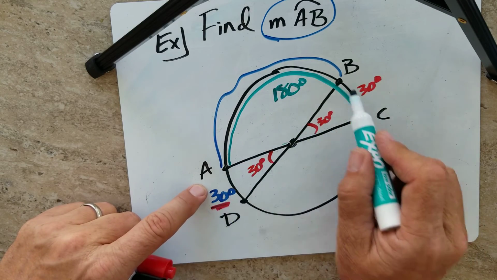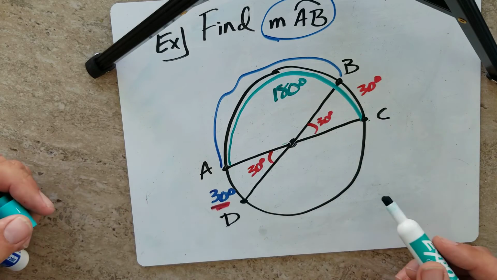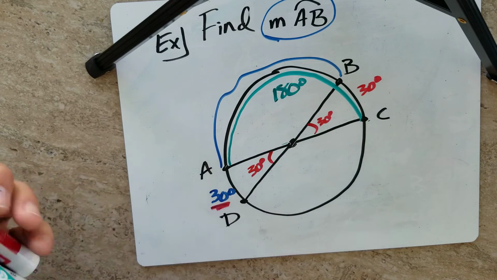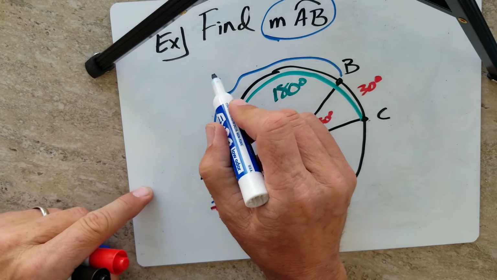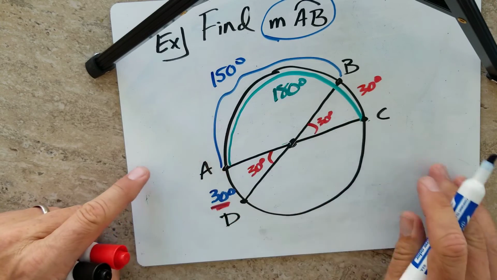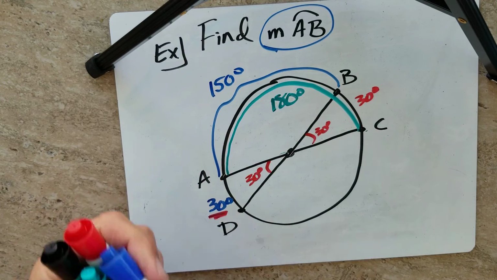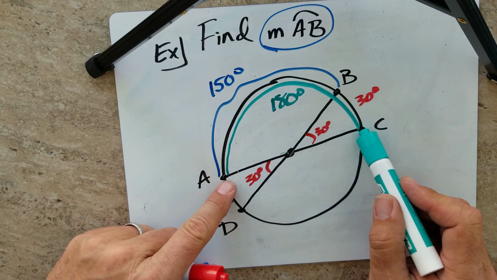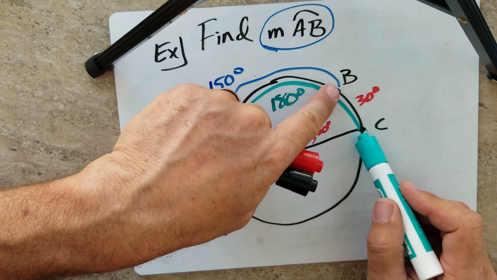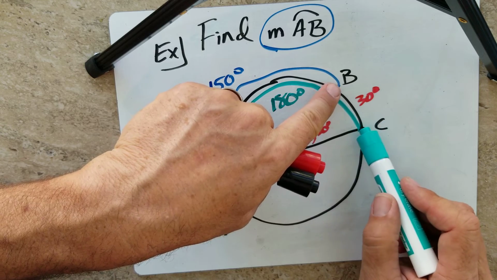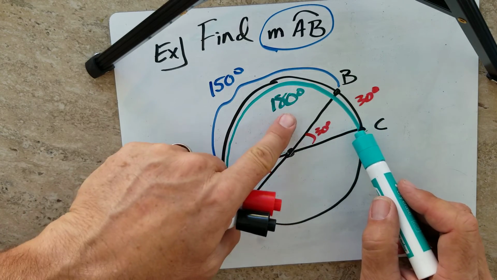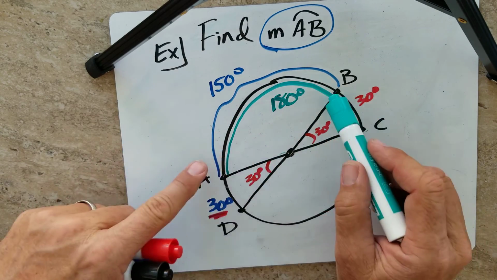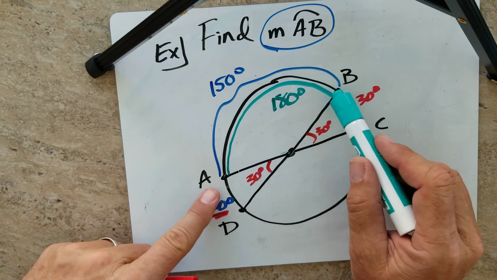This is a diameter and it cuts it in half. Well, wait a minute. Doesn't that mean then that arc AB is 150 degrees? Where did I get that from? Well, look at the colors. I see the green is 180 degrees, but I've got this red arc BC, which is 30 degrees. So if I have 180 and I subtract 30, that means this part must be 150.